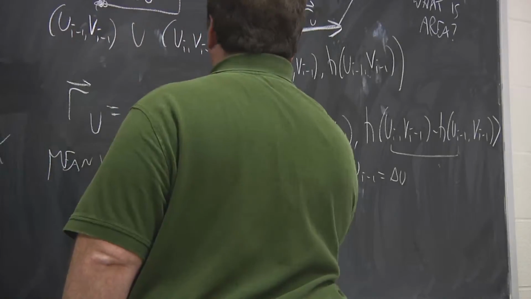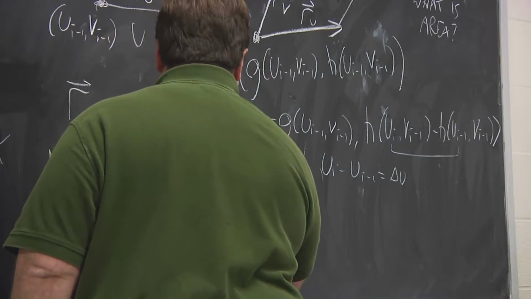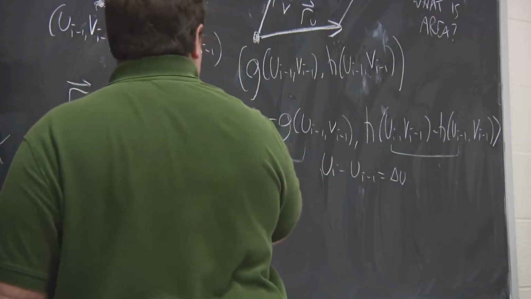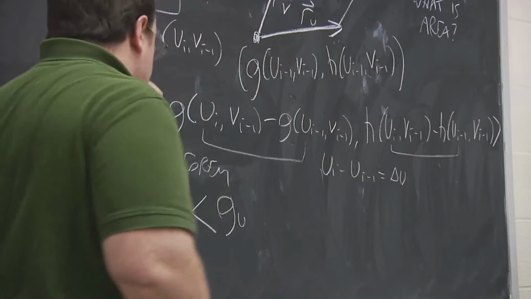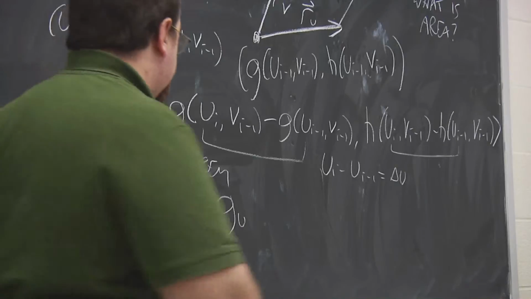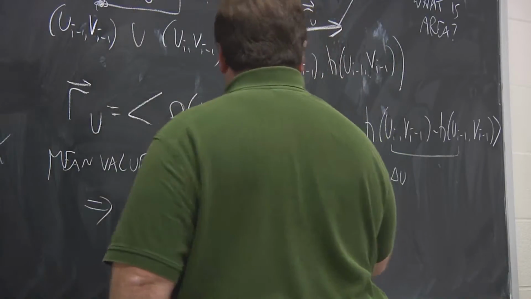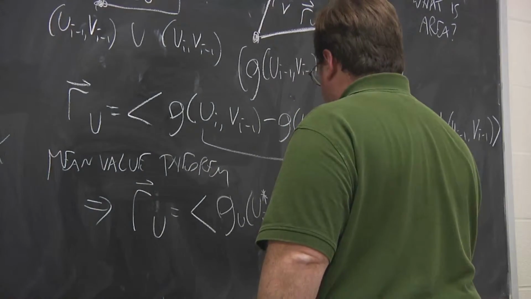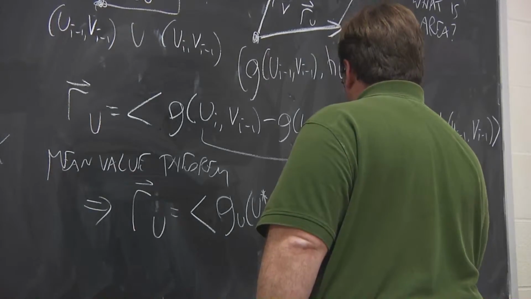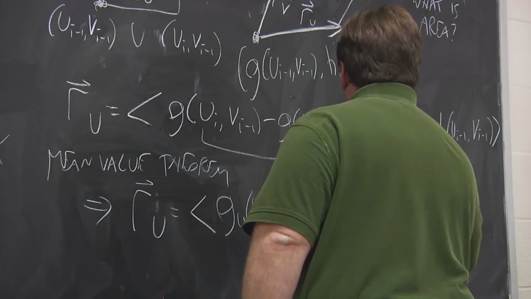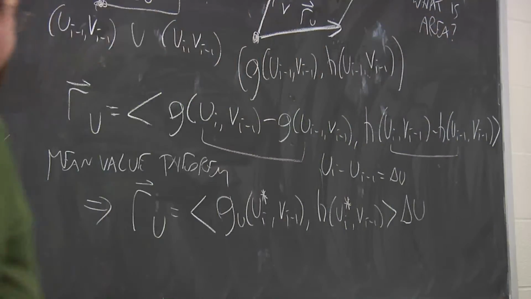This difference in function values is actually going to be equal to the partial derivative of g with respect to u, evaluated at some u in between, v stays the same, and then same thing for h, times the difference in u's, which is delta u, which I'm just going to pull out.